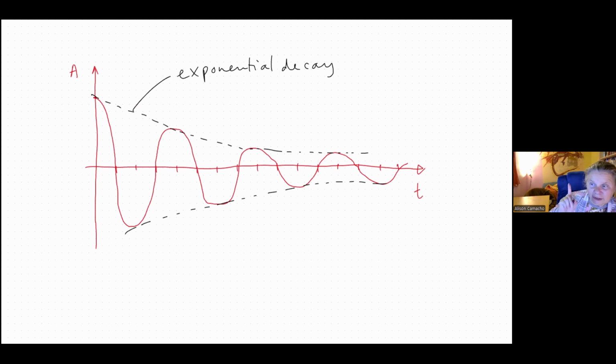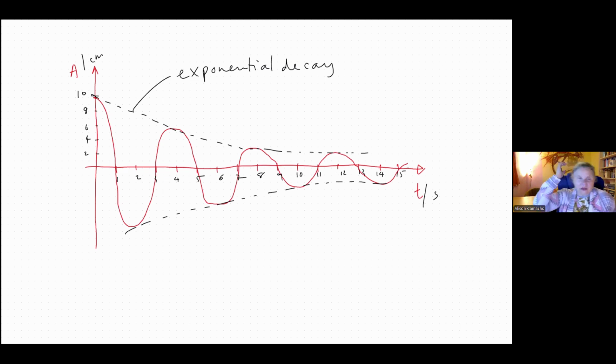Now, how can you show that it's exponential? What would you do if you were given this with a scale? Right, if you were given a scale for your amplitude in, I don't know, centimeters, and this is time in, I don't know, seconds, 1, 2, 3, up to 15 seconds.